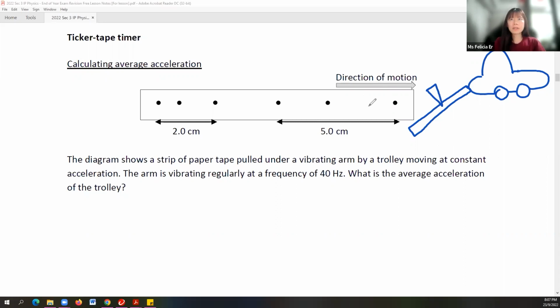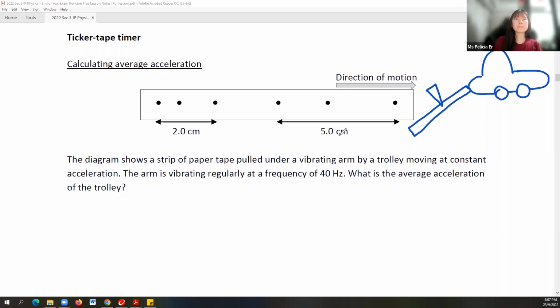From the paper, you can know whether it is becoming faster or slower by looking at the spacing of the gaps. You can control the frequency of the punching, so by knowing the frequency, you know the duration per dot. Later you can use your ruler to measure the cm per dot. With the cm and the duration, you can find the speed.